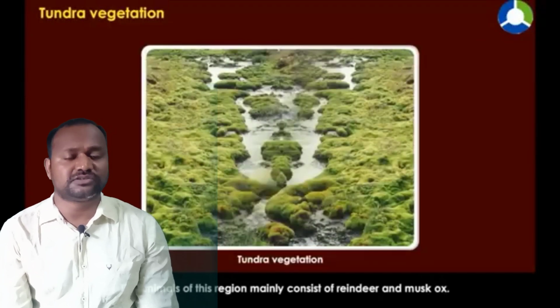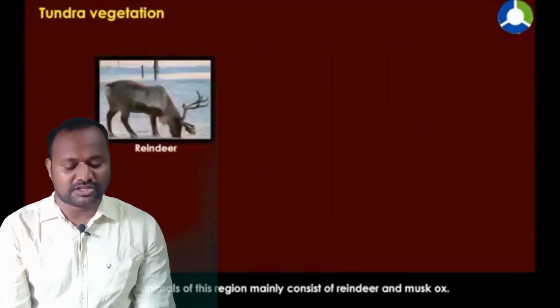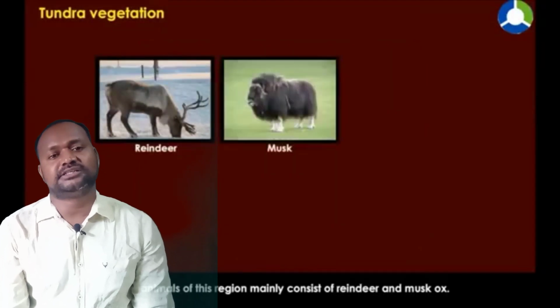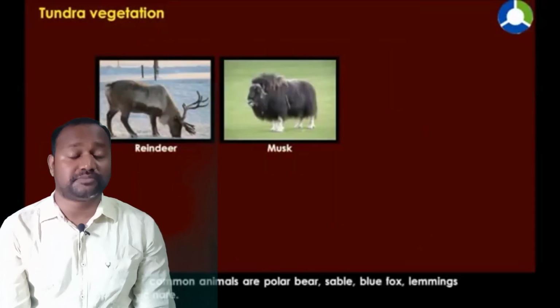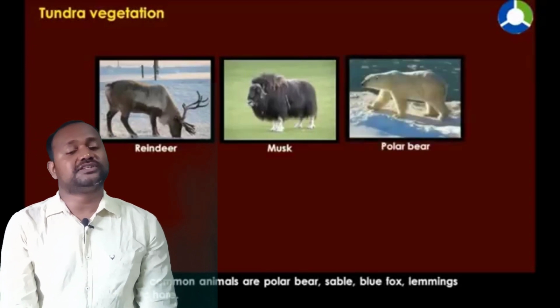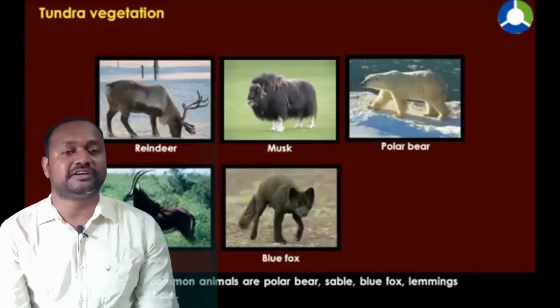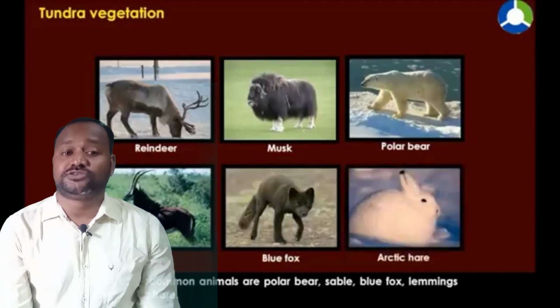Some trees are also found, like beeches, willows, juniper and alder. So students, this is all about the different kinds of vegetation found in different parts of the world.